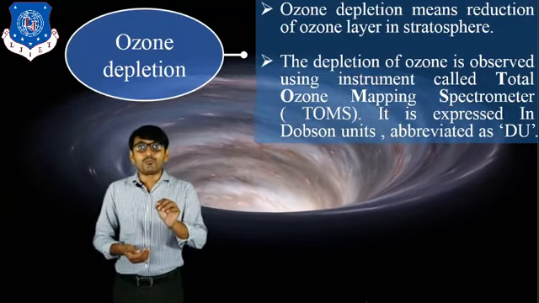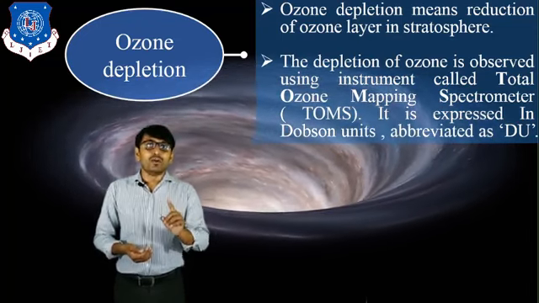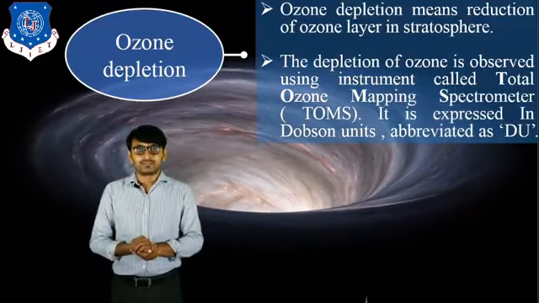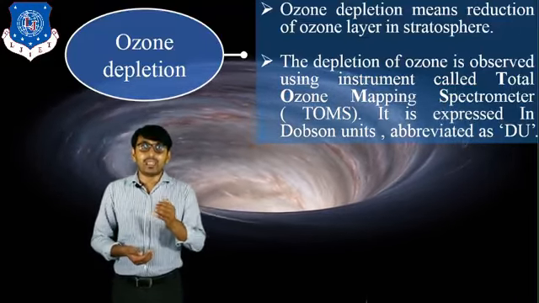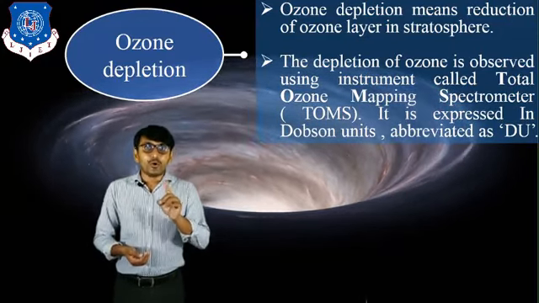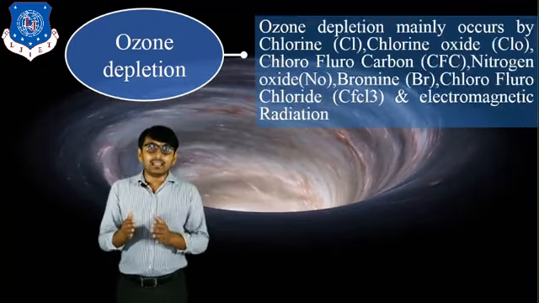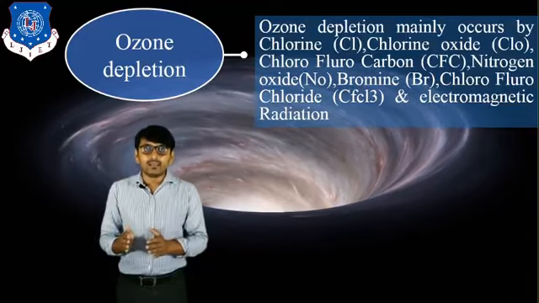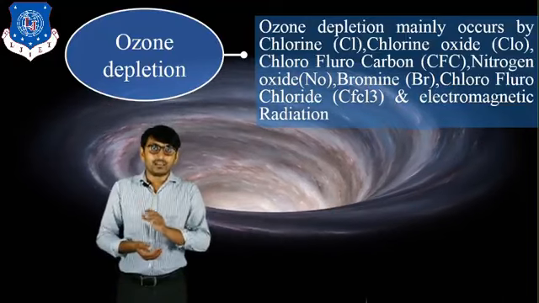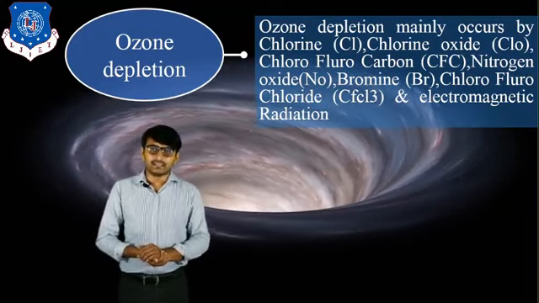The depletion of ozone is observed using an instrument called the total ozone mapping spectrometer, that is TOMS, and it is expressed in Dobson units. Ozone depletion is mainly due to chlorine, chlorine oxide, chlorofluorocarbon, that is the main one, nitrogen oxide and some electromagnetic radiation.